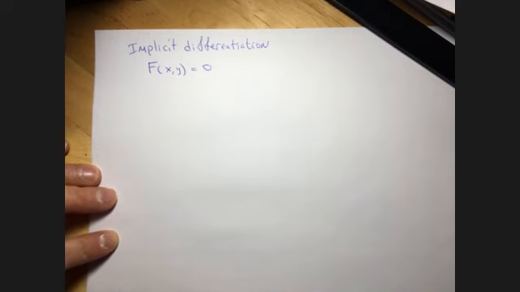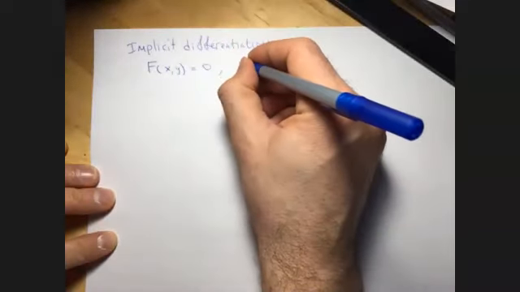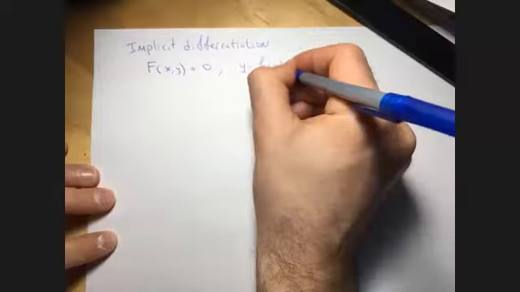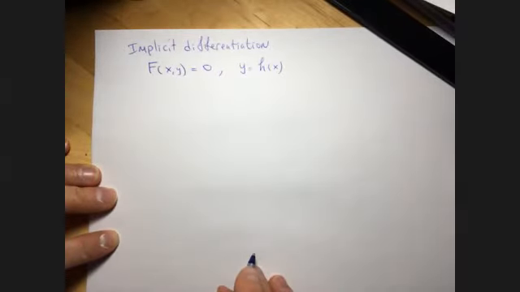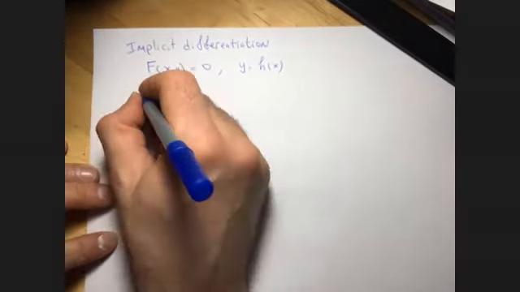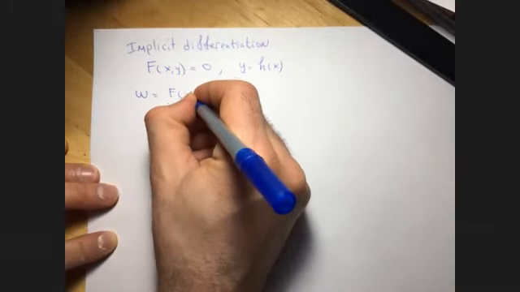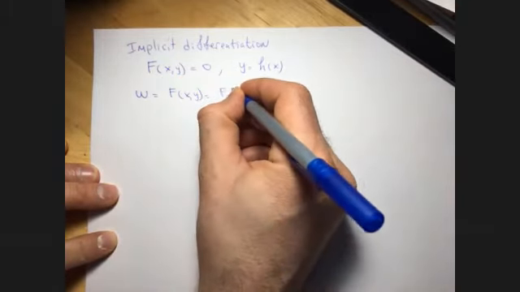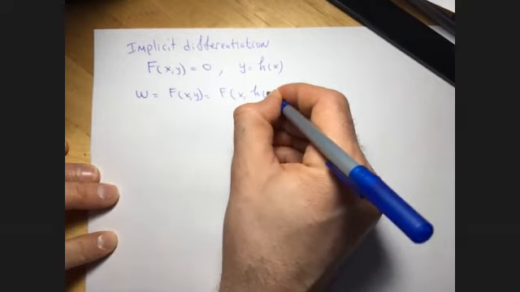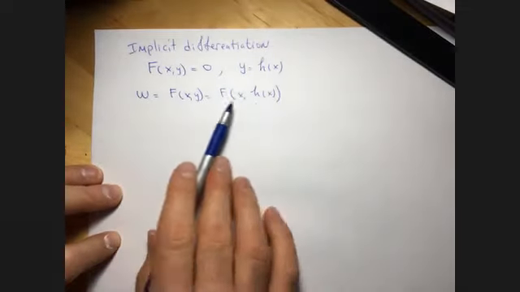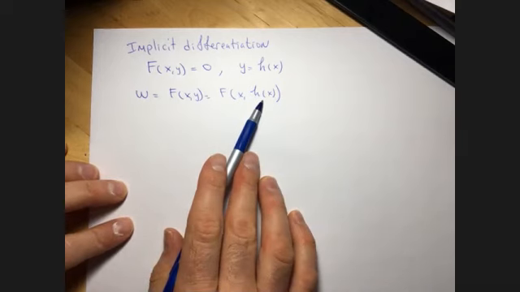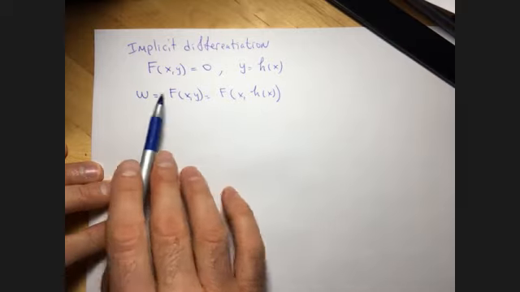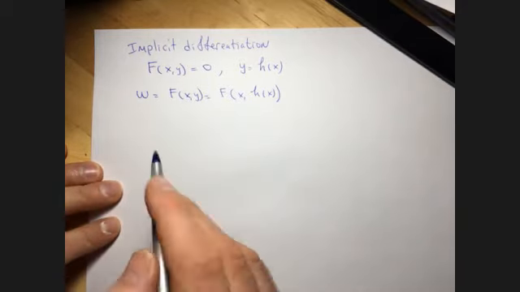And it's defined implicitly as a differentiable function of x. In other words, say y is equal to h of x. Okay? So now define, let's say w is equal to F, okay, so y is some function in terms of x. Okay? Let's find the derivative on both sides with respect to x.